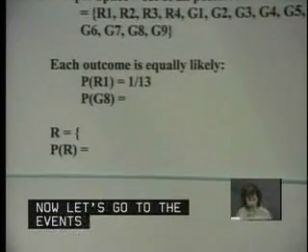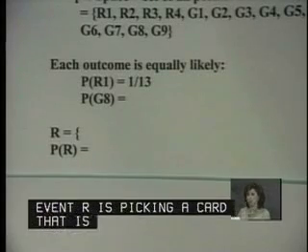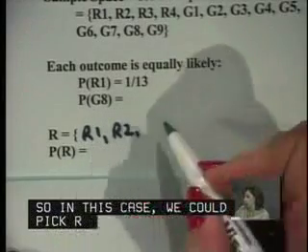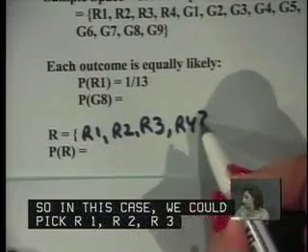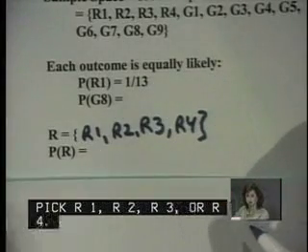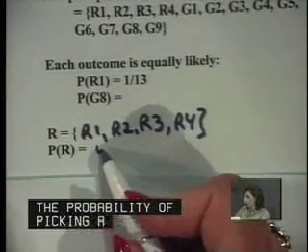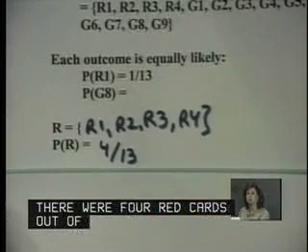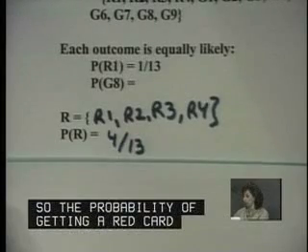Event R is picking a card that is red. So in this case, we could pick R1, R2, R3, or R4. Those would be the red cards. The probability of picking a red card then, there were 4 red cards out of 13 cards, so the probability of getting a red card would be 4 out of 13.